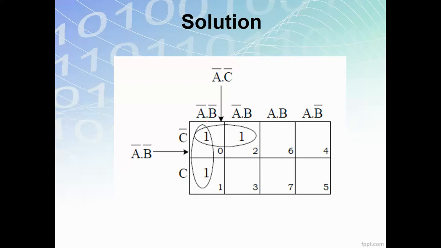The first column is A bar dot B bar, the second column is A bar dot B, the third column is A dot B, and the fourth column is A dot B bar. The rows are C bar and C. For the 3-variable K-map, we start with 0, 1, the second column is 2 and 3, the third column will be 6 and 7, and the fourth column will be 4 and 5.